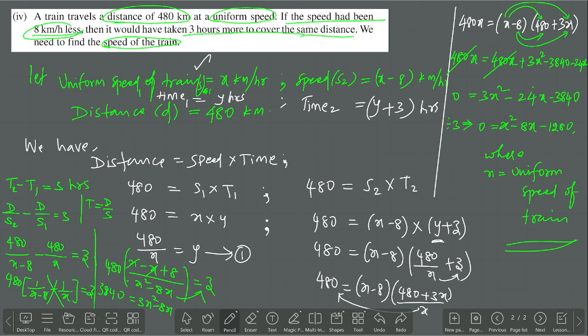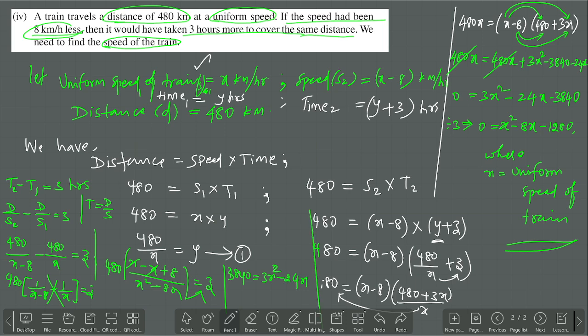Now we are here. Have you noticed it? 8 3s are 24x. Wait, or else I will rough this. What do we have here? x square minus 8x. Here I will do 480 into 8, 3,840 equal to 3 into x square, 3x square. 3 8s are 24, minus 24x.